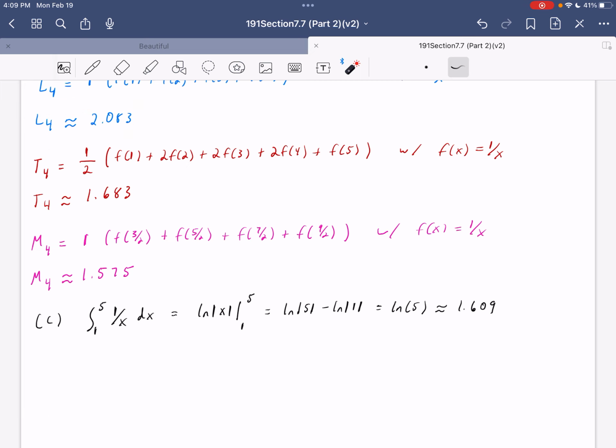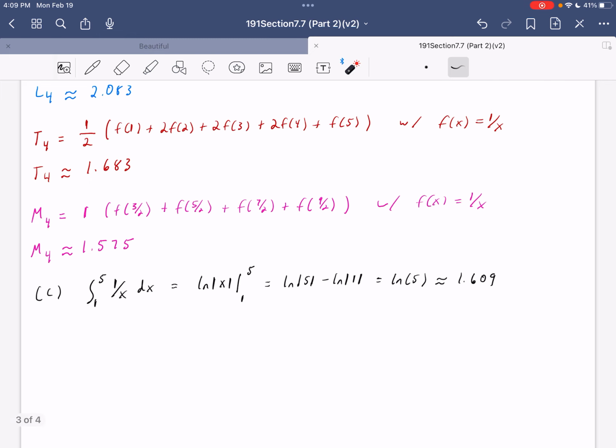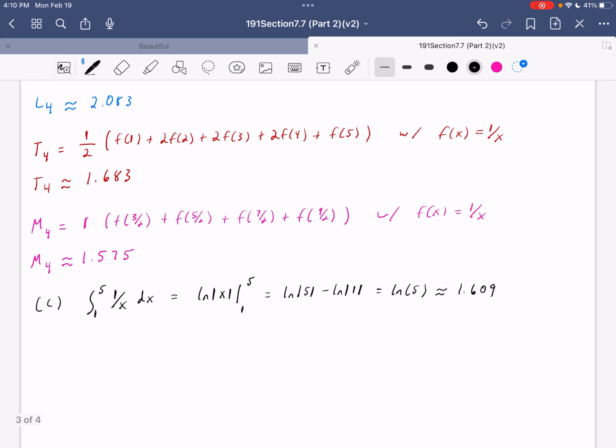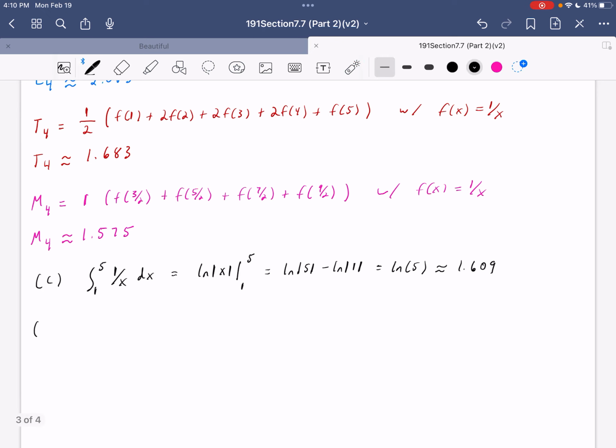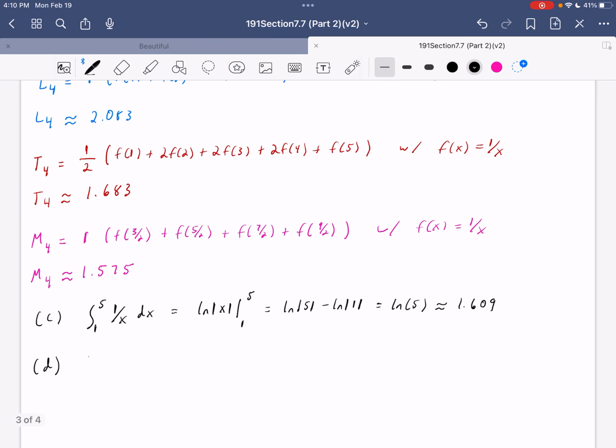It's not a great approximation, but again, left endpoint and right endpoint are not expected to be particularly great approximations, especially with monotonic functions where they're always overestimating or always underestimating. But let's go ahead and check the actual errors versus the error bound. So let's calculate E sub L. If we're just interested in the magnitude, it would be the absolute value of what we actually had as our integral, 1.609, minus the predicted value, 2.083.